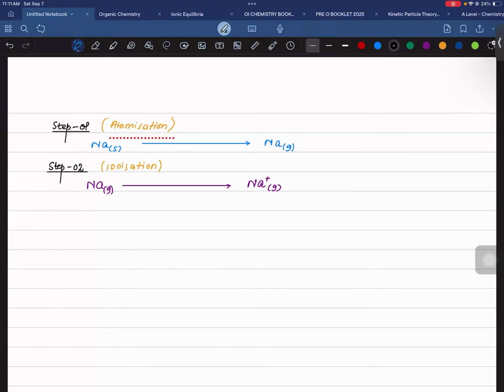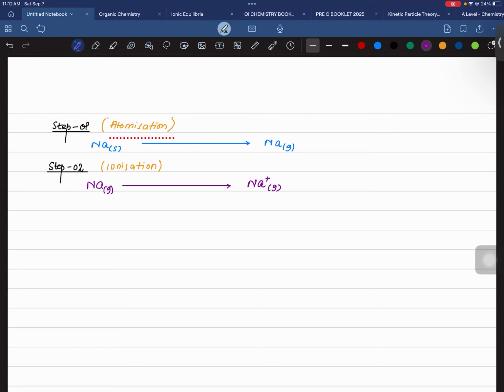Okay, let me tell you. Why is this endo, Subhan? Muhammad Hasib is saying endothermic because solid to gas. Remember always, in the solid state, the particles are tightly packed together with a very strong force of attraction.